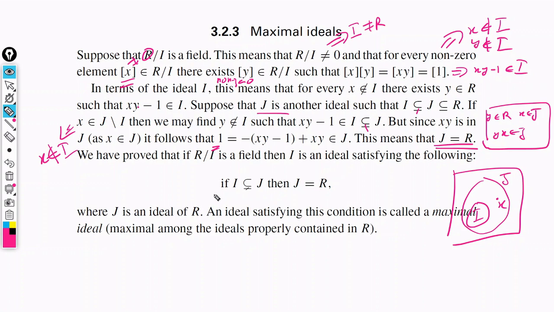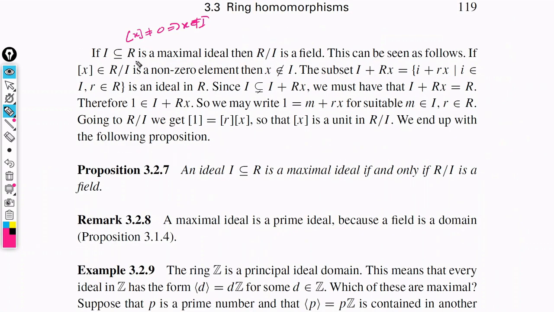Next we have to show that if I is maximal, then R by I is a field. So under the assumption I is maximal, we have to show that R by I is a field. We have to show that every non-zero element in the ring R by I has an inverse.